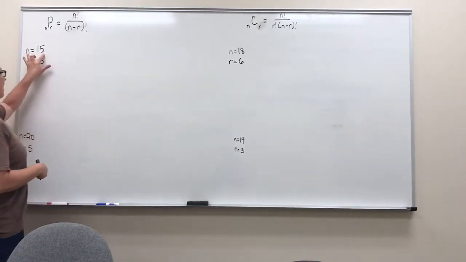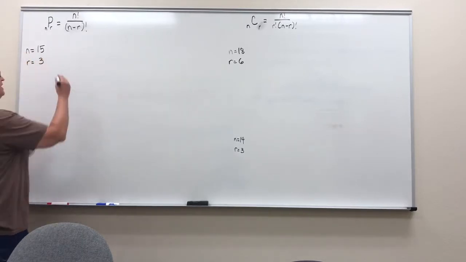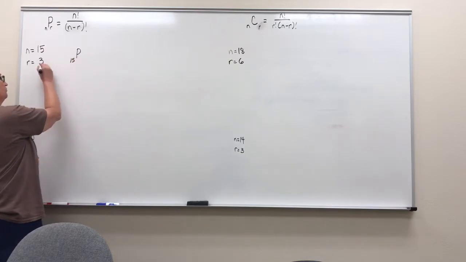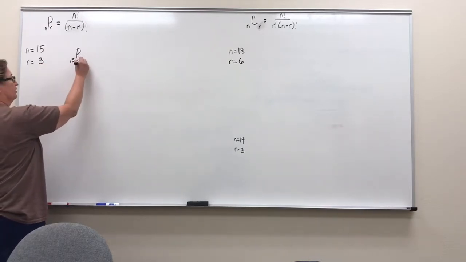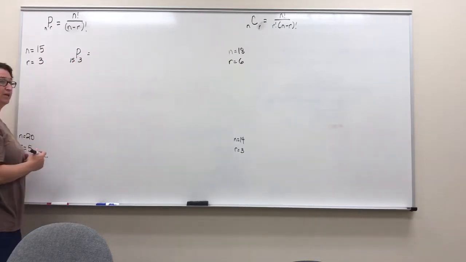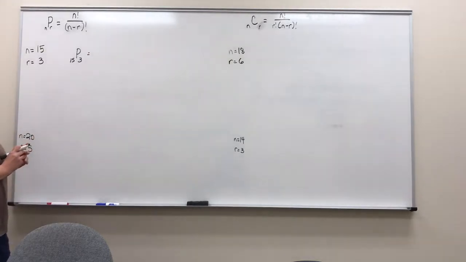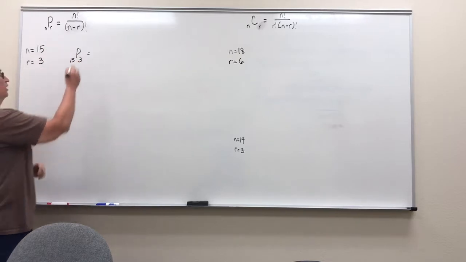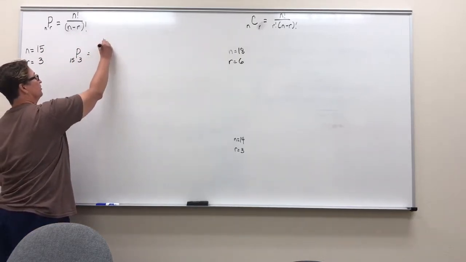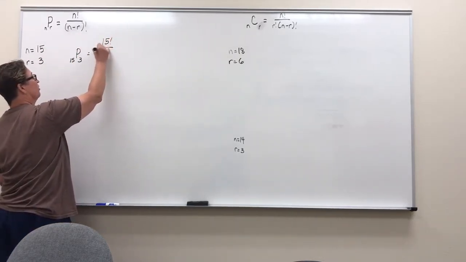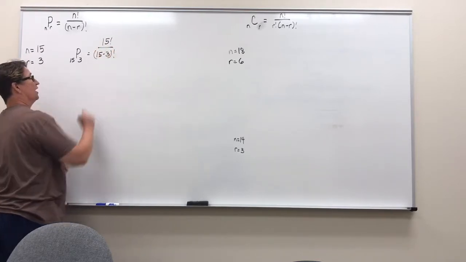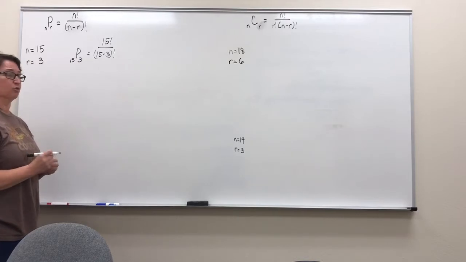So in this case, I have 15 as my n, and I'm choosing 3, and the problem shows that order matters in this case. So now I'm just going to plug it into the formula so that I do 15 factorial over 15 minus 3 factorial. I did another video on factorials.